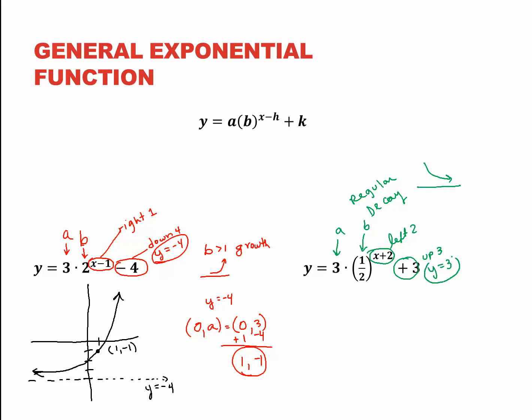Let's see, I already know what the horizontal asymptote is going to be. So I think 0, comma a. What is a? A is 3, but I'm moving to the left 2 units, so -2, and I'm moving up 3, so +3. So this is -2, 6. -2, 1, 2, 3, 4, 5, 6.